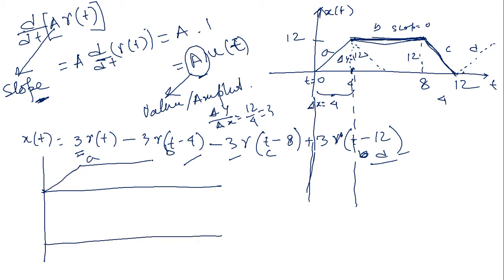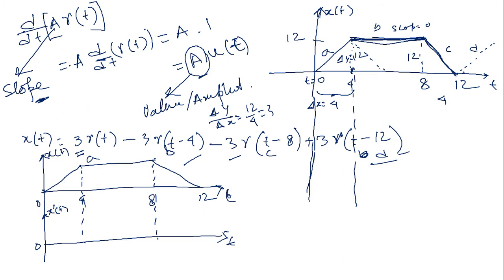So this one is the signal and this is 4, this is 0, this is t, this one is 8 and 12. Now say this one is x of t, and I want to draw the signal x dash t, the differentiation of x(t).